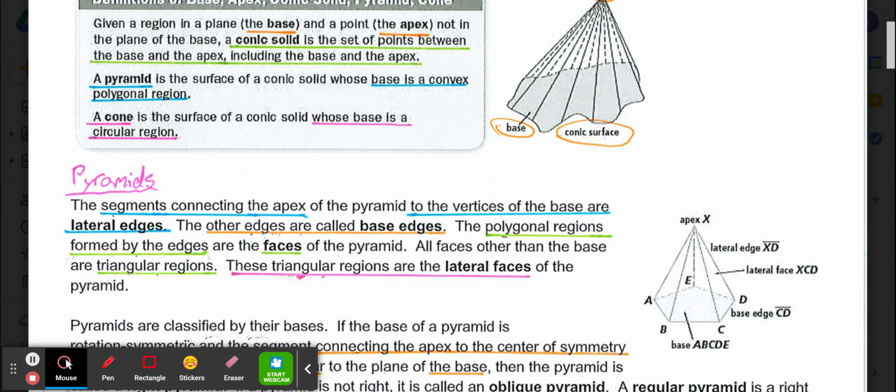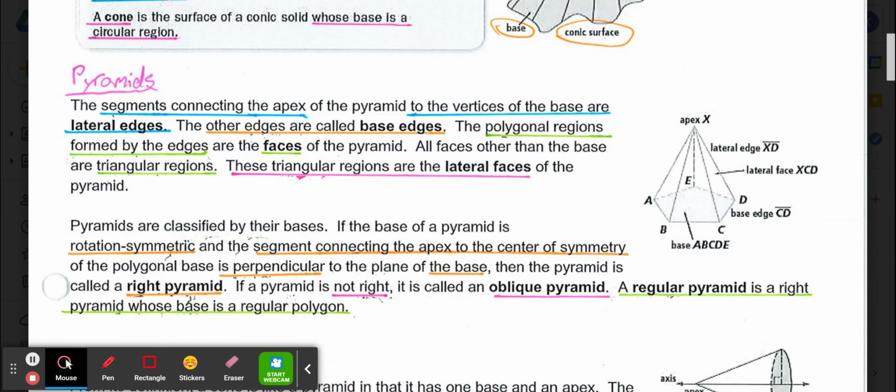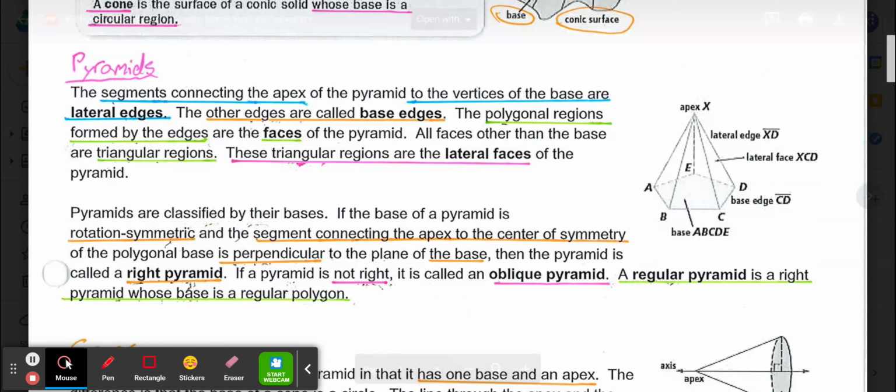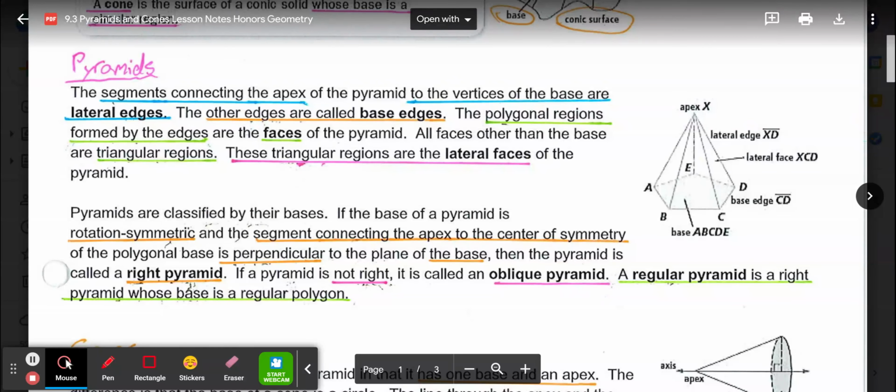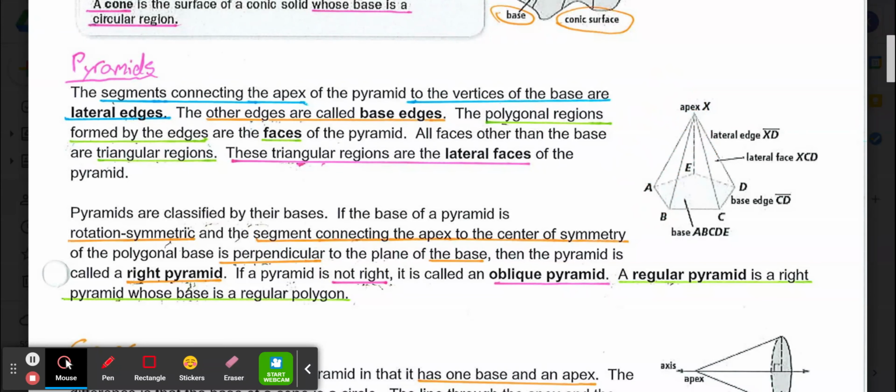Then we'll start with pyramids. The segments connecting the apex of a pyramid to the vertices of the base are the lateral edges. If we look over here, XD would be a lateral edge, a segment from the apex to a vertex of the base. Then we'd have XC, XE, XB, and XA.